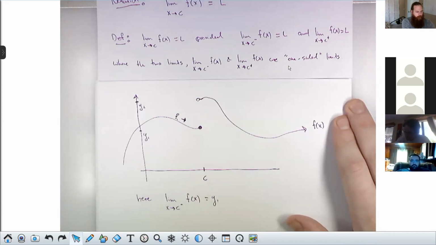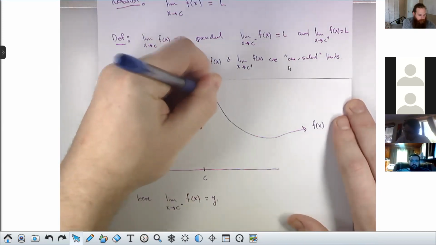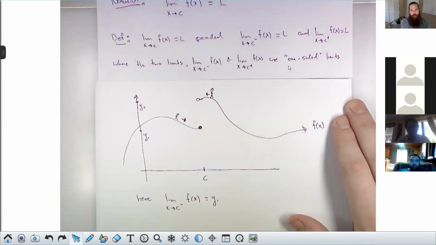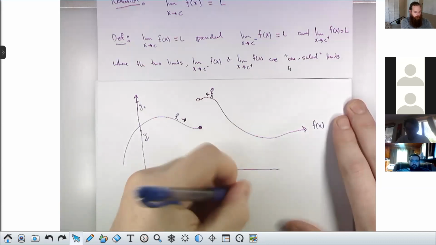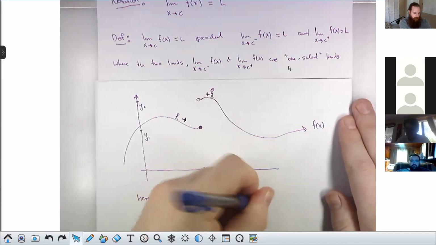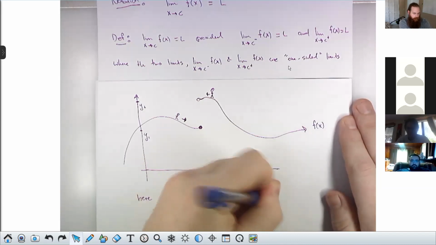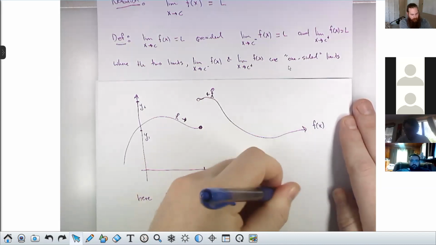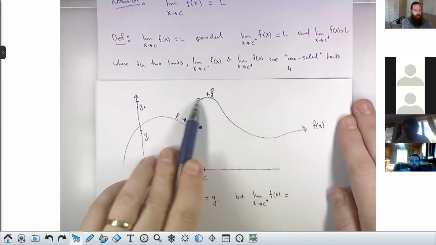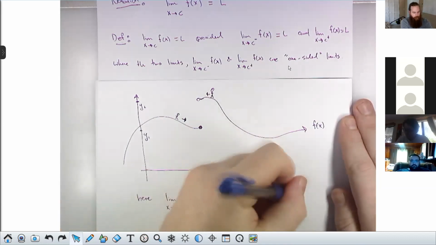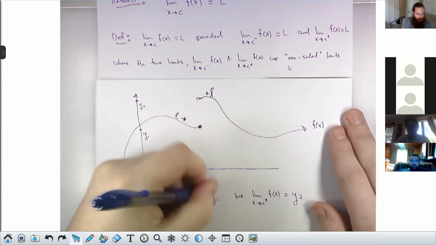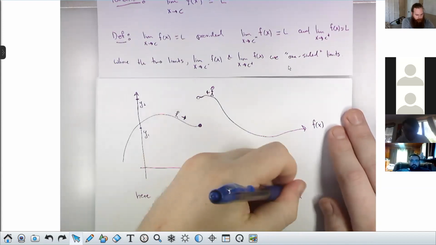On the other hand, if I was walking along this graph and I wanted my x coordinate to get closer and closer to c from the right, then my y values would be getting closer and closer to this guy, which is up here at y2. So this is a case where the left and right limits are not equal.